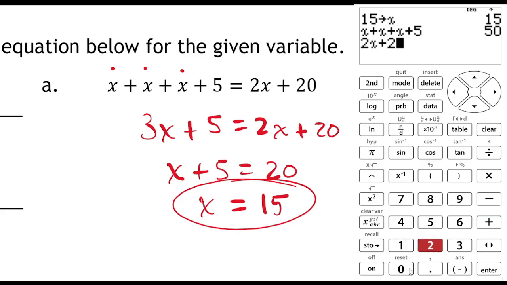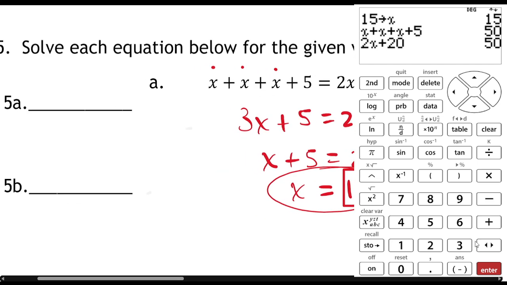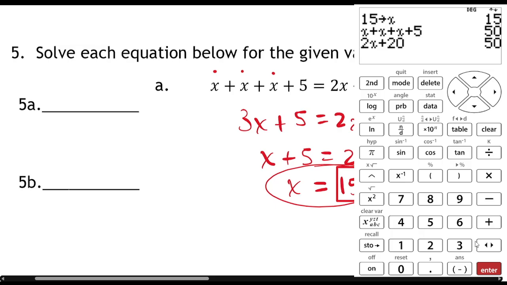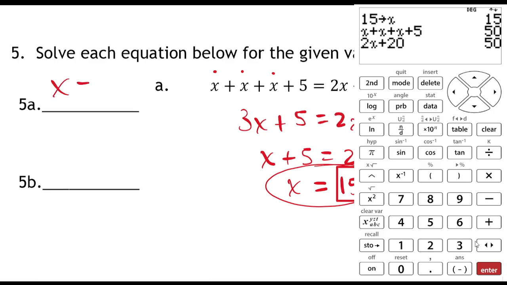Guess what? That's going to be 50 also. So both the left-hand side and the right-hand side become 50 when x is the number 15. That's why x is 15 is the answer. You can see that it clearly did the right thing. So x is 15 is our answer for A.